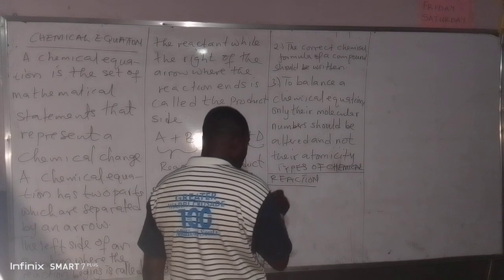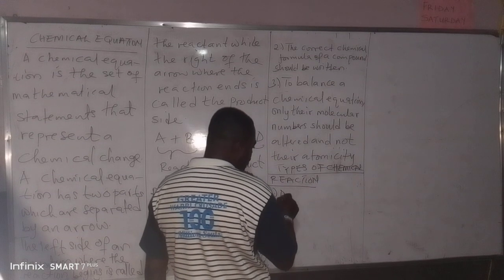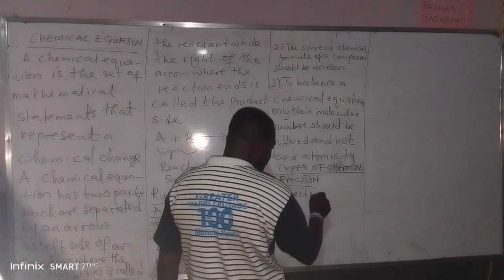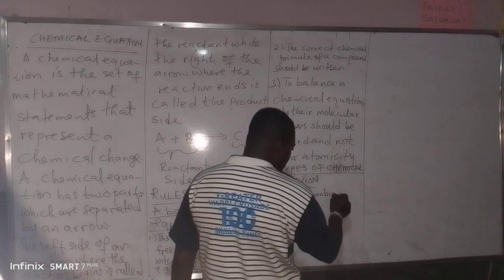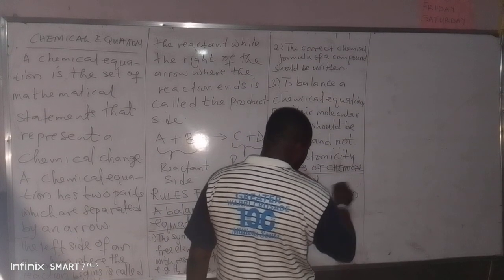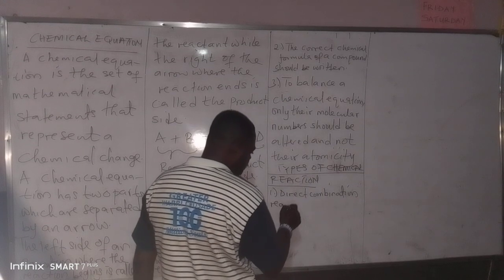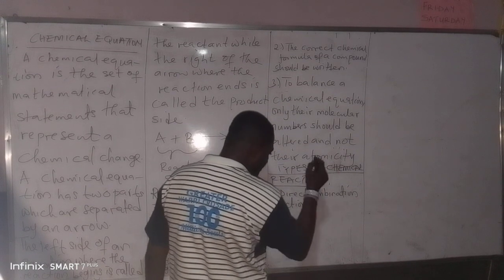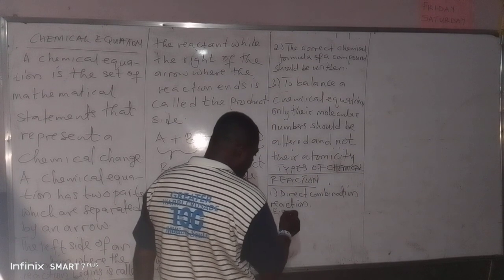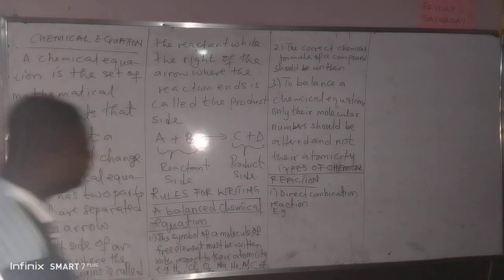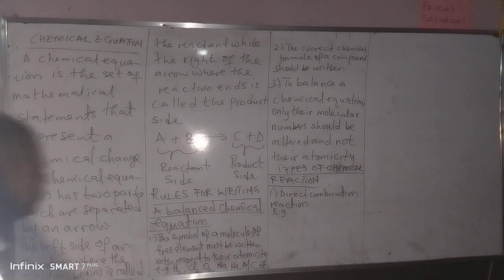Types of chemical reaction. We have some reaction called direct combination. Let's look at the example.